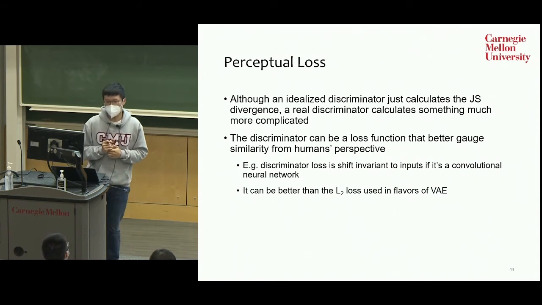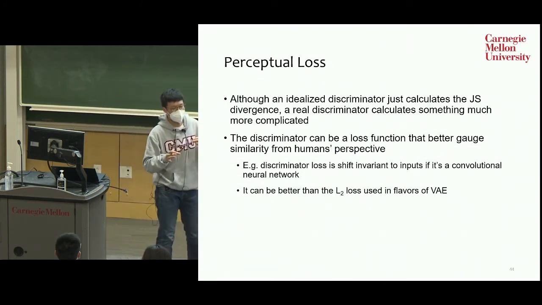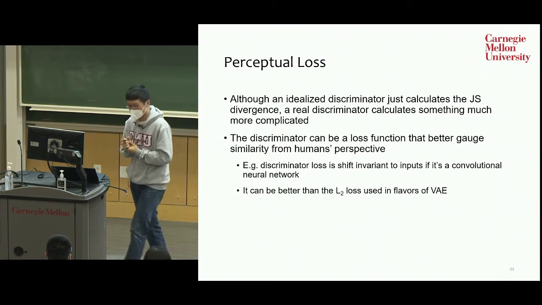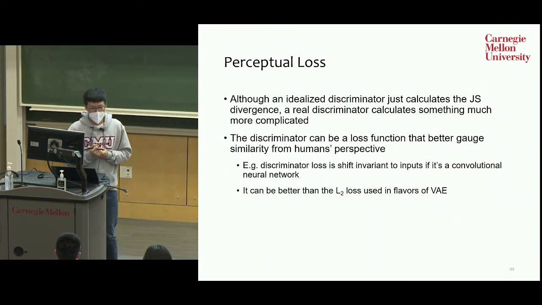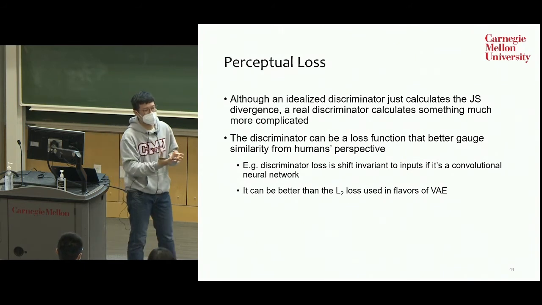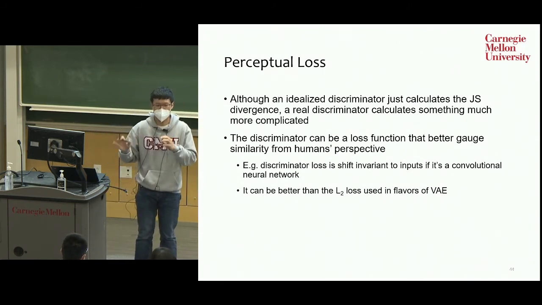So here's an interesting concept about perceptual loss. Previously we mentioned that GAN can generate sharper images than VAE, and we actually can see that. Why is that the case? I heard a lot of people saying that the VAE uses a reconstruction process that makes the image less sharp as compared to GAN.